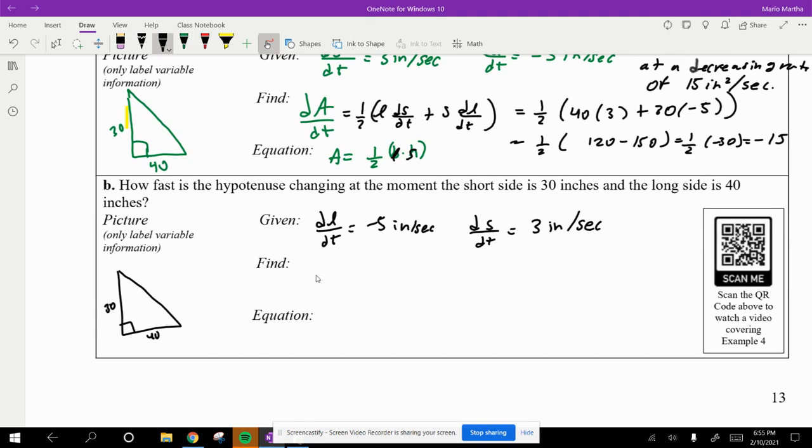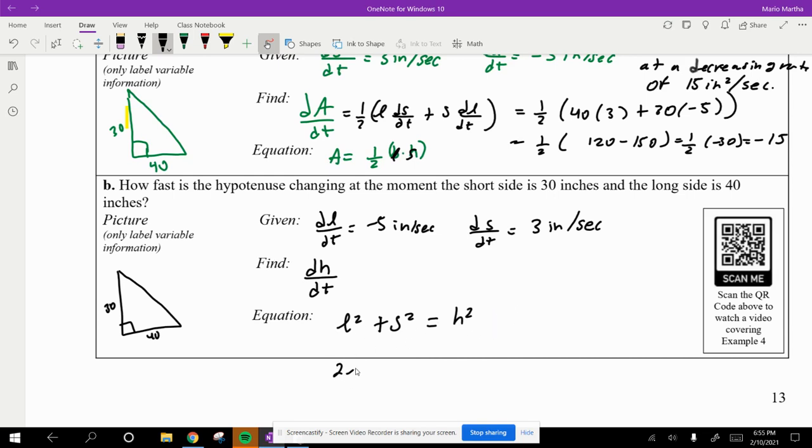So in order for us to find the hypotenuse, again, you're going to be using just your Pythagorean theorem, right? So we're looking for dh over dt, H for hypotenuse. And the equation we're going to use is L squared plus S squared equals H squared. Again, it's the same, I just changed the variables. Don't freak out. So from here, you're going to take the derivative.